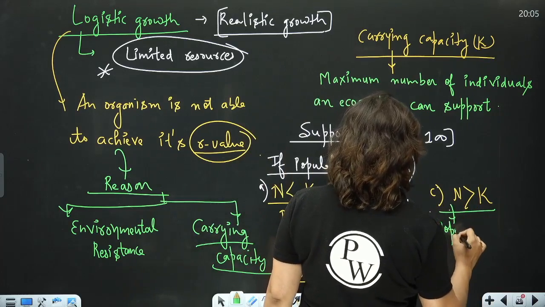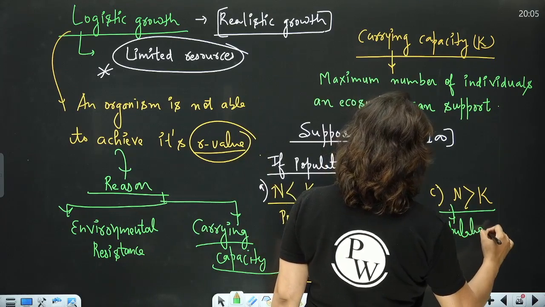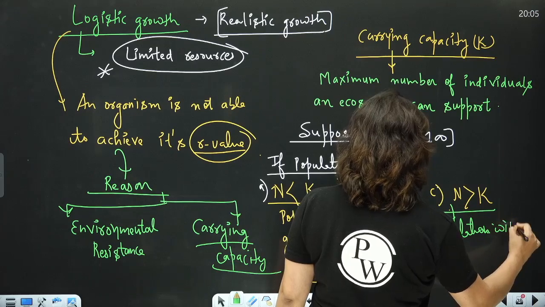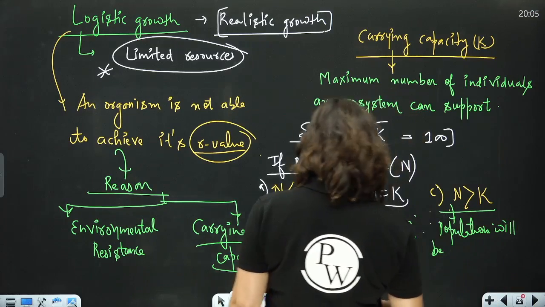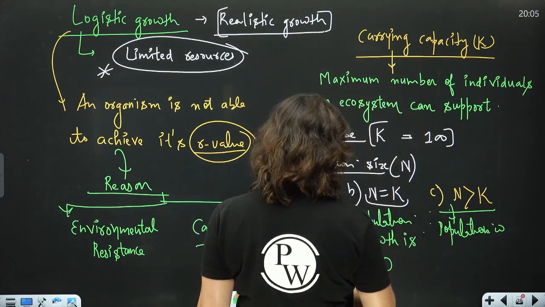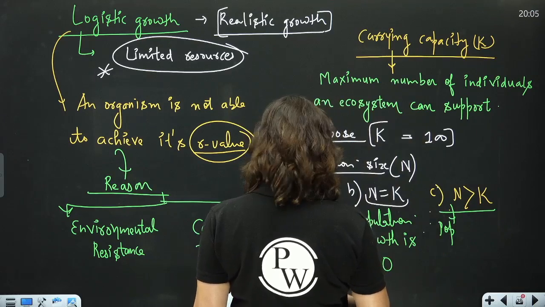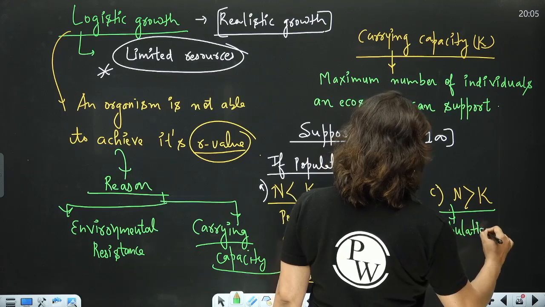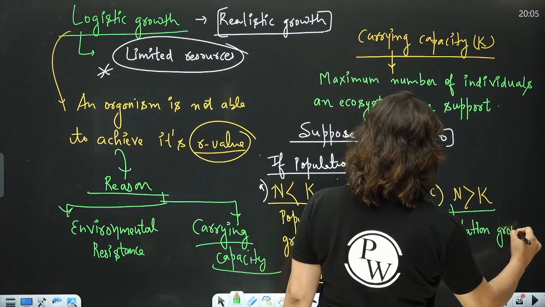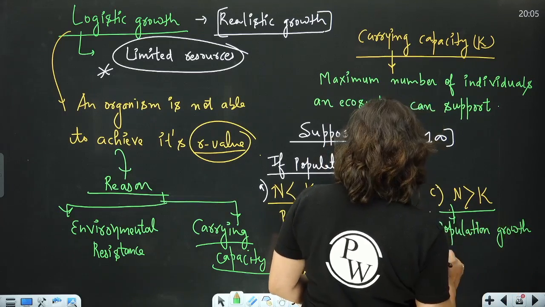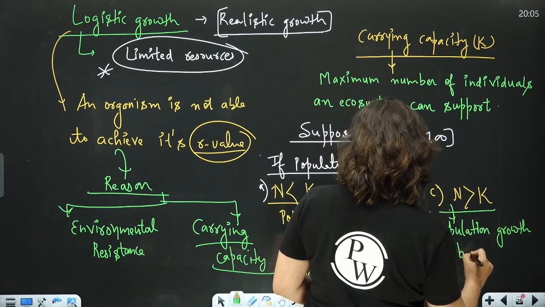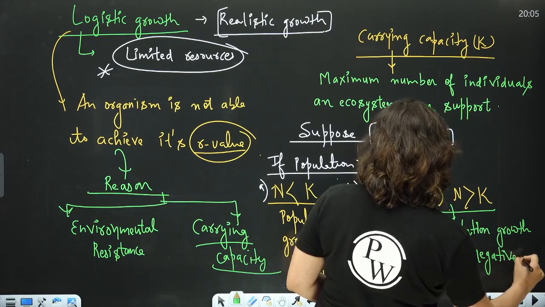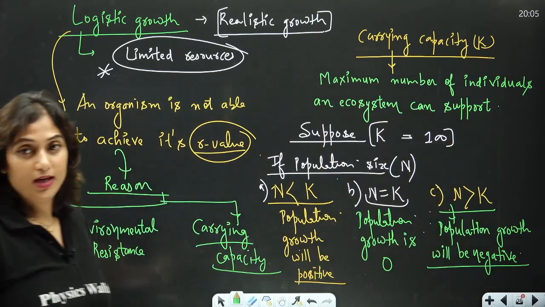The population will start declining because of the extreme competition for resources. So population growth will be negative.